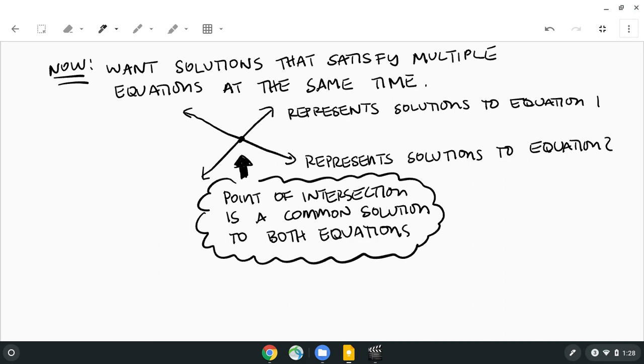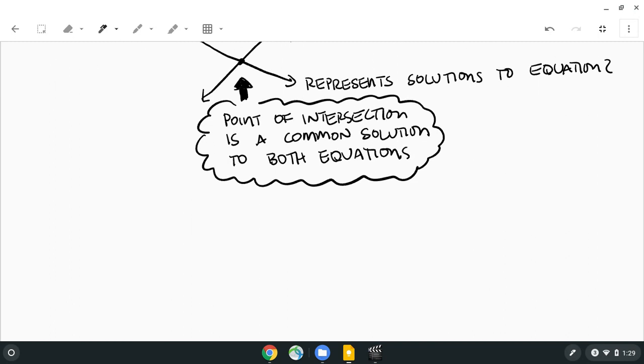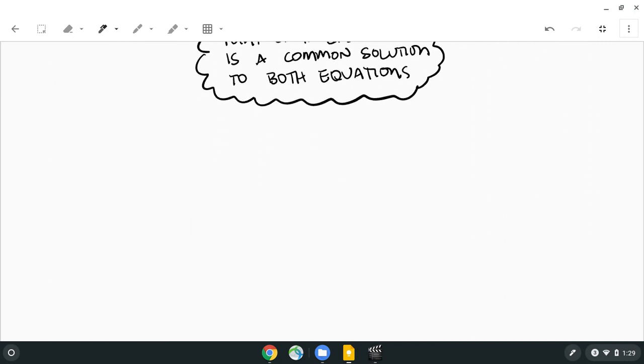Okay, sorry about that. All right, so the point of intersection is the one that we want. So when we do this graphing method, we will be graphing both equations, and we will estimate the point where they are intersecting. All right, so here are some possible scenarios.